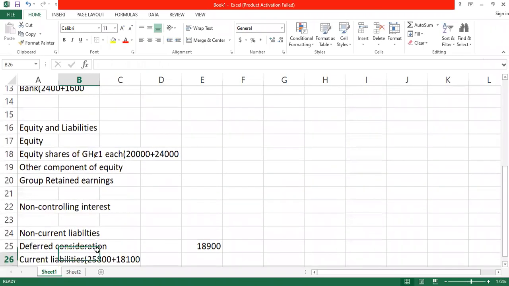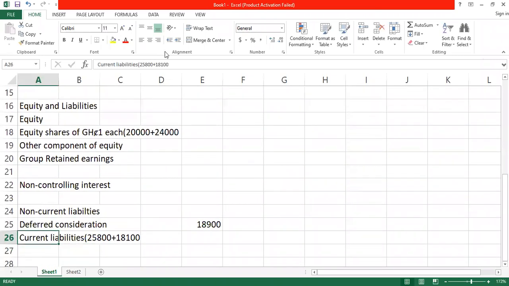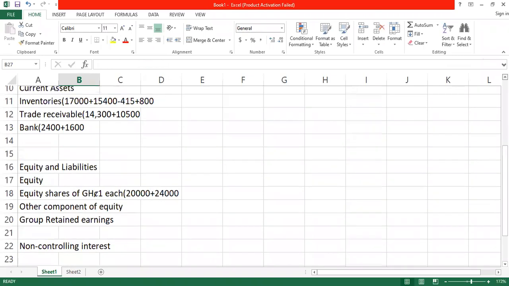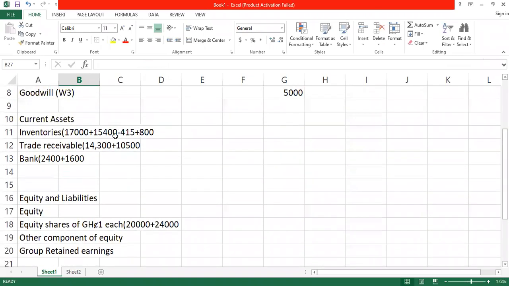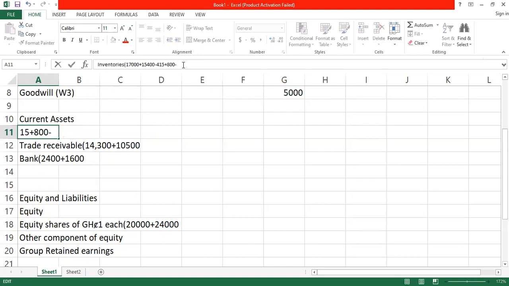They haven't paid for the goods, so they will increase their liability. They will debit their inventory and credit liabilities. But the 800 as inventory, is it a selling price or cost price? Selling price. So what do we have to do? We go and take the unrealized profit from it, which is 185.